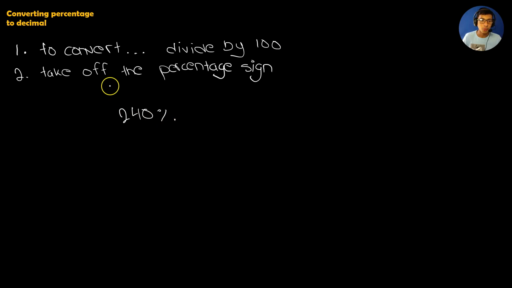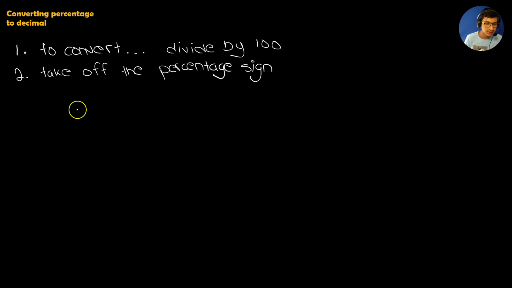First we convert: divide by 100, so 1, 2, and that's where our decimal place would go. Second, take off the percentage sign, and so our decimal would be 2.4.